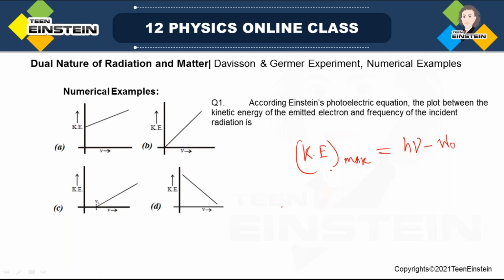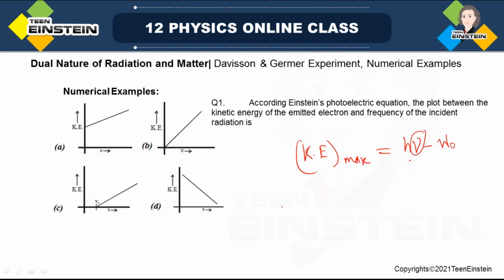Now you have to say, from this equation, which one of these four curves will be the correct one. This is plotted as the maximum kinetic energy of the emitted electron against the frequency of the incident photon.